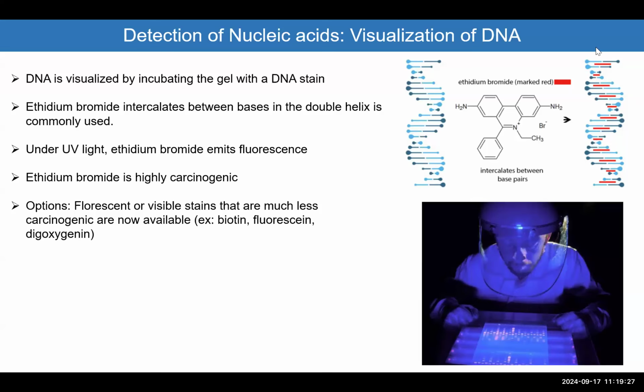And once we hit the DNA with UV light, it will generate these bands. You can see the DNA under the UV light. Now, I will explain this in the next couple of lectures more.